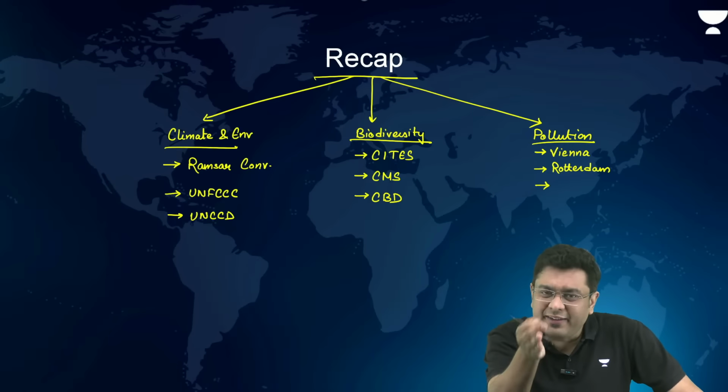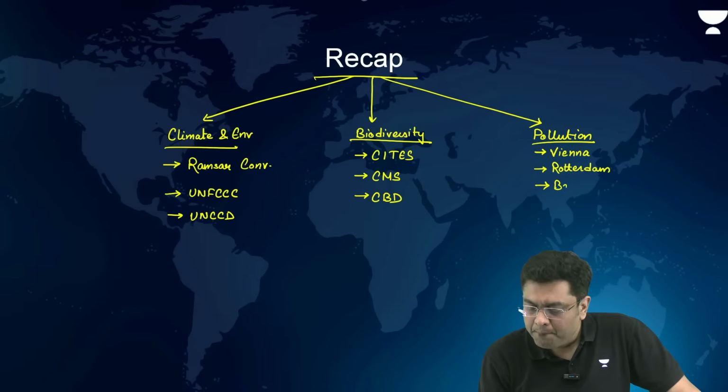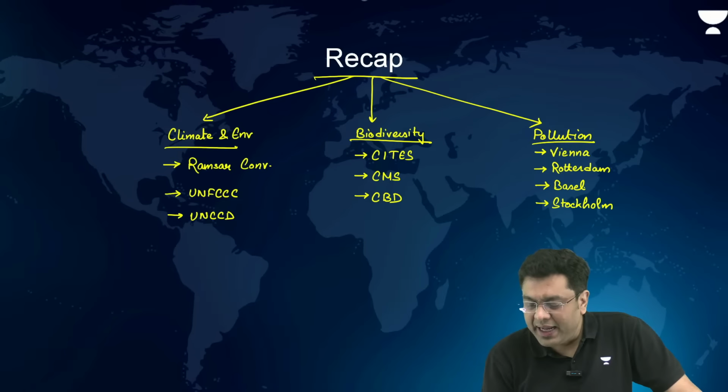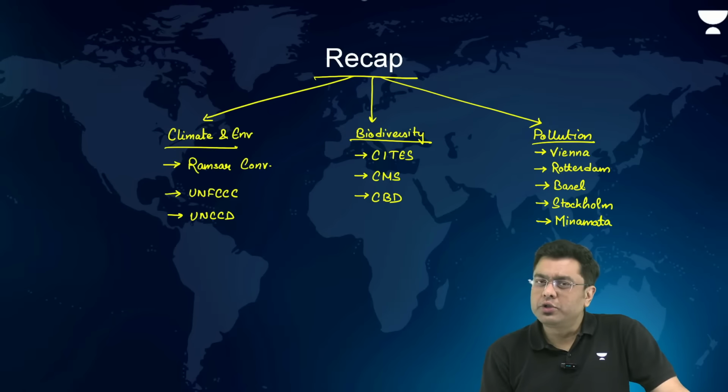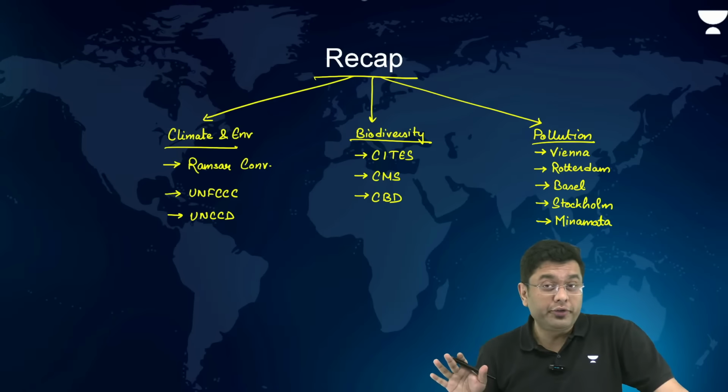Basel is for transboundary movement, right? Stockholm for persistent organic pollutants. And then you basically have the Minamata, right? So in total, I'm only including the conventions, I'm not bringing the protocols into the picture.